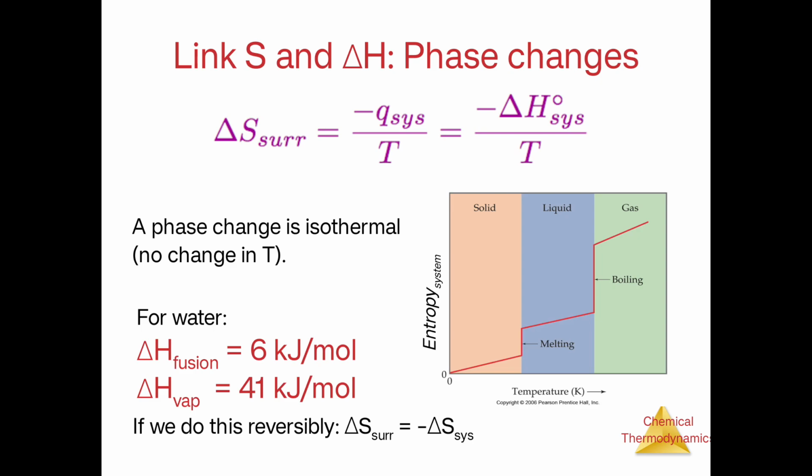So if we do this reversibly, then the change in entropy of the surroundings is equal to the negative of the change in entropy of the system, because for a reversible process the net change in entropy is zero. By making use of that expression only, it is being re-expressed like this.